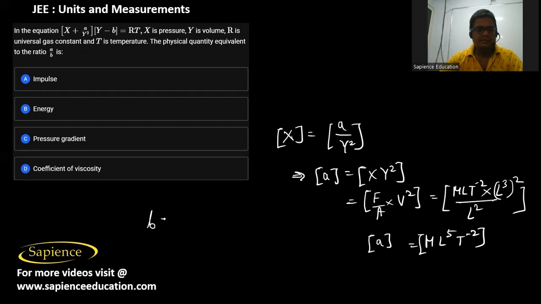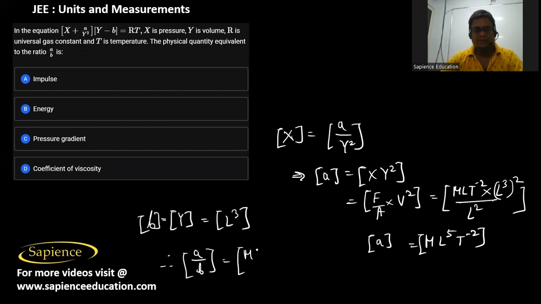And b has the dimensional formula for y, which is same as volume, so it is L power 3. So therefore the dimensional formula of a by b is M L power 5 t power minus 2 divided by L cube, that is equal to M L square t power minus 2. So that is same as the dimensional formula for energy.